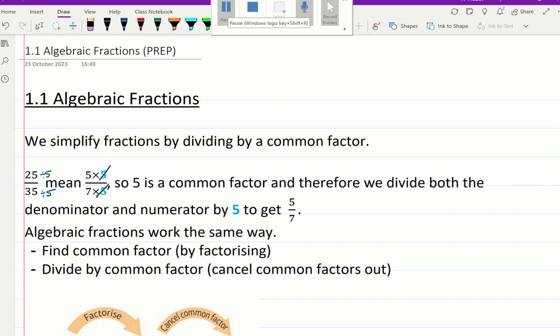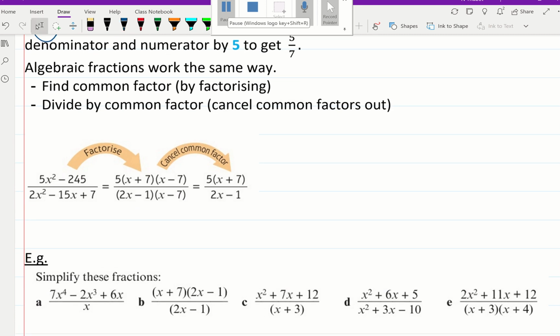This works in exactly the same way with algebraic fractions. We have to find a common factor. Most of the time we find the common factor by factorizing, and then we cancel out the common factors. Effectively, we're cancelling them out because they divide one by the other to give us 1, and 1 multiplied by a number gives us that number.